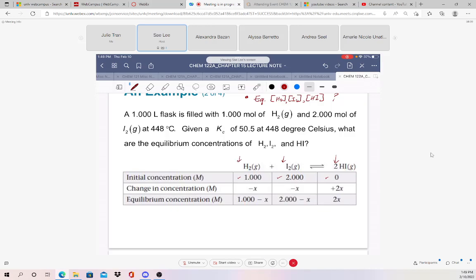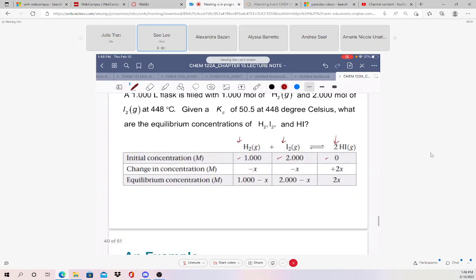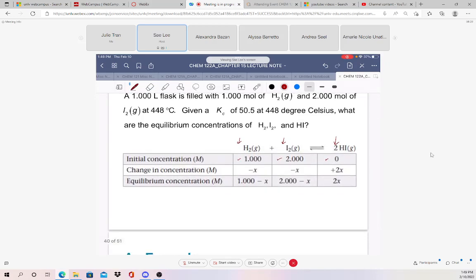A negative sign indicates that you are using the substance, depleting it. A positive sign indicates that you are creating the substance. Positive change, negative change. Since you are using the reactants to create product, hydrogen and iodine will have a negative sign, and product will have a positive sign.